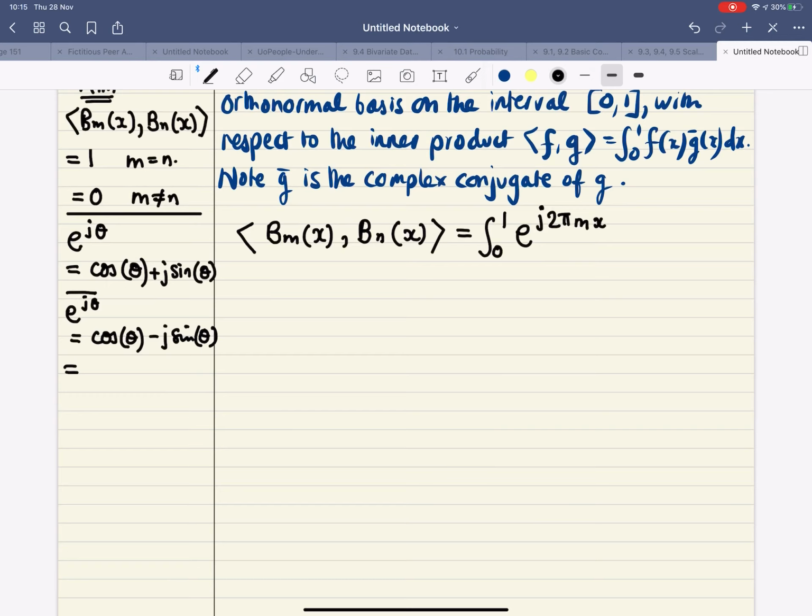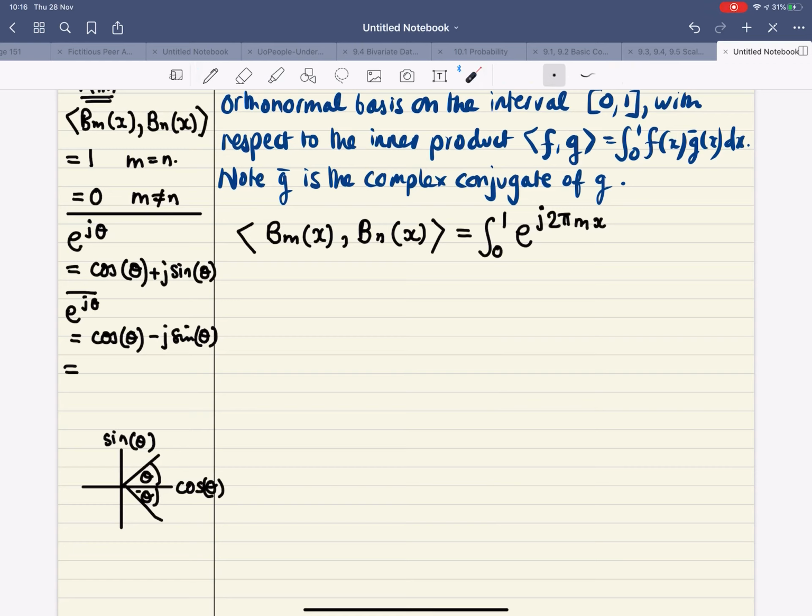Now, if you think about an angle theta, cos theta is adjacent to the angle, so that's along here, and sine is opposite the angle, so that's this measure here. So what we can have, that's minus theta.